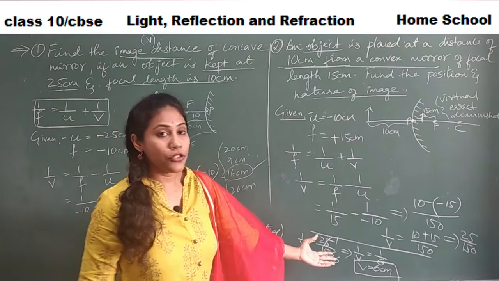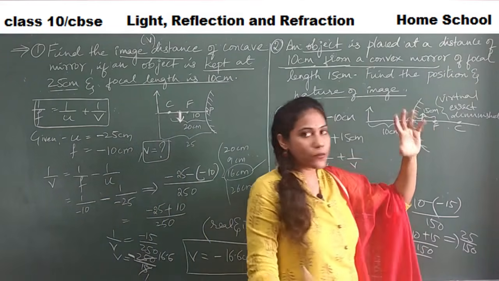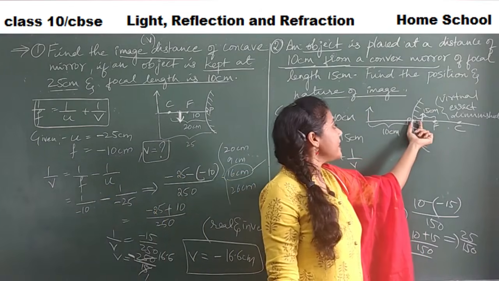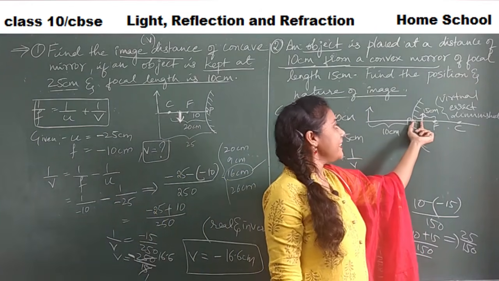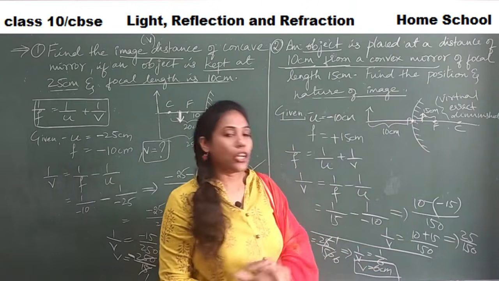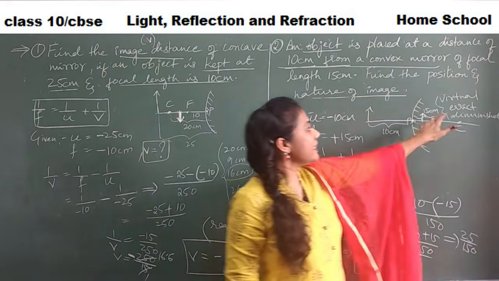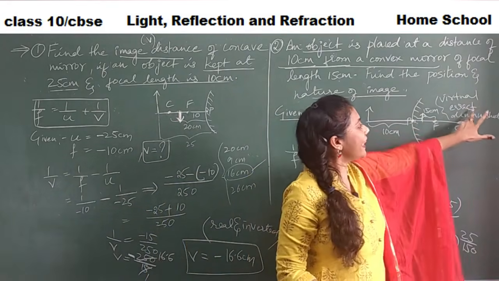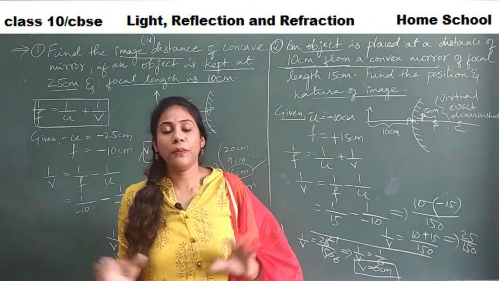Clear, everybody? I told you, your answer is within 15. So at what distance from the pole are you getting the image? Exactly at 6 centimeter distance from the pole you are getting your image. So what's your answer? v is 6 centimeter. What is the nature of the image? Virtual, erect and diminished. Okay, so this is how you have to do a problem.